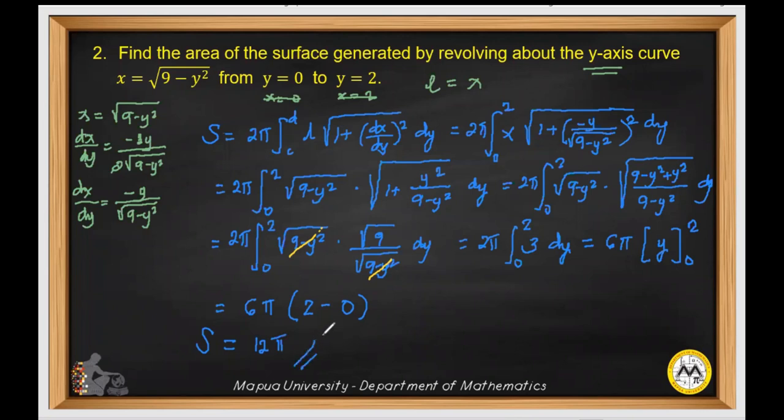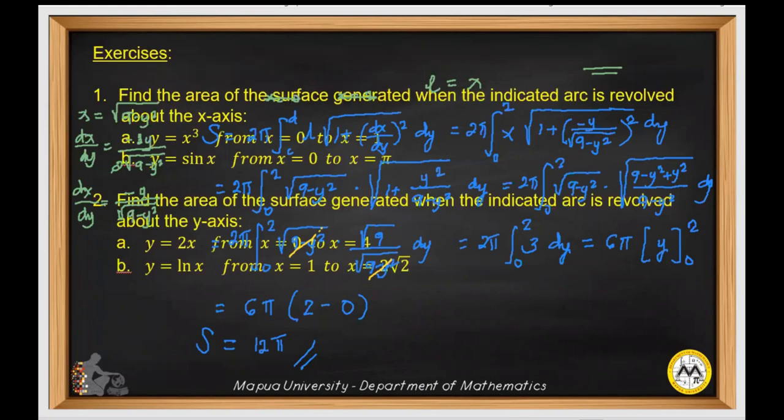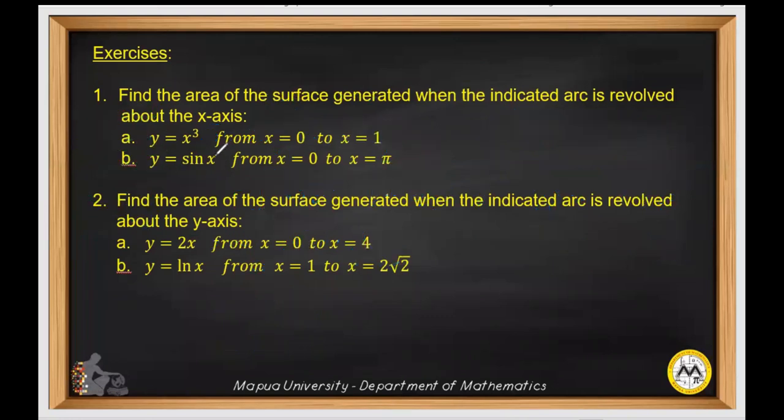Since we know how to get the length of the arc, it will not be hard for us to also find the area of surface of revolution. We just multiply the differential of L by 2 pi L, where L is the distance of the differential of the arc length from the axis of revolution. And to help you familiarize yourself with solving the area of surface of revolution, you may also consider working on these examples or exercises.